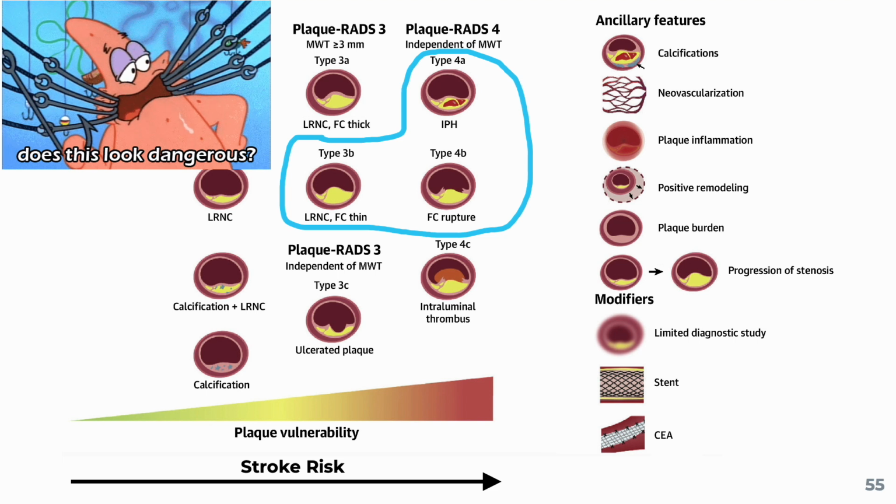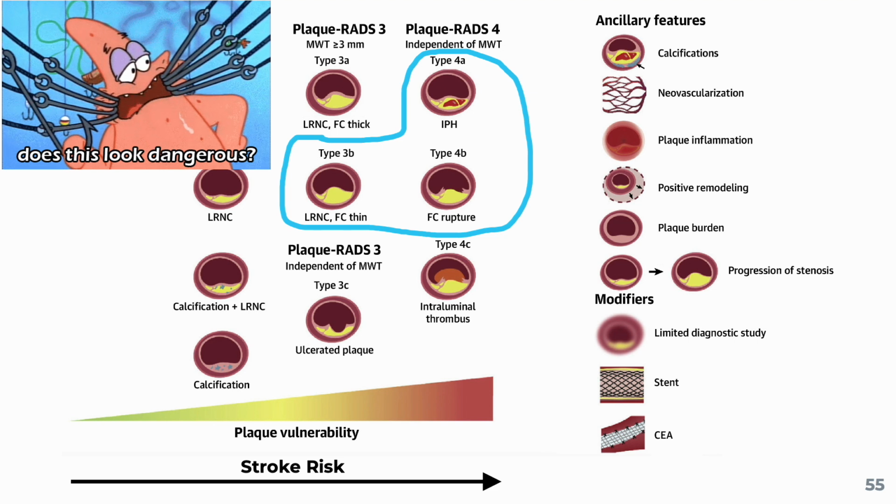So for this patient, given the presence of a JBA on his carotid ultrasound, his Plaque RADS score could be 3B, but we cannot rule out the presence of high-risk plaque with a score of 4A or 4B.